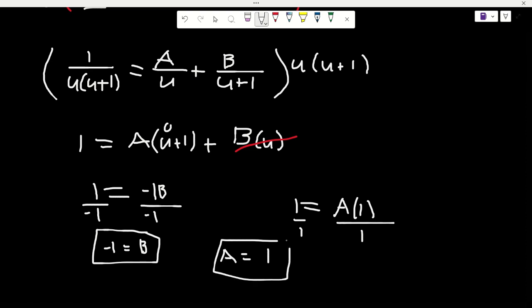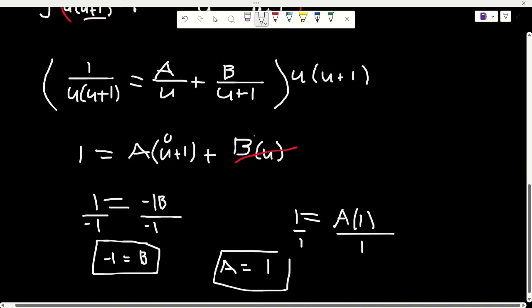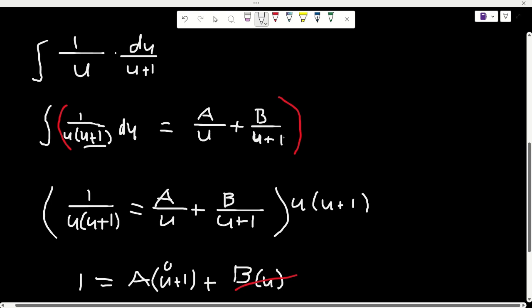Now we have the values of b and a. So let us plug in these values here.